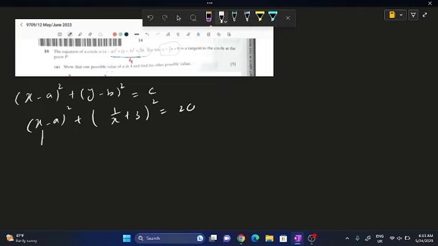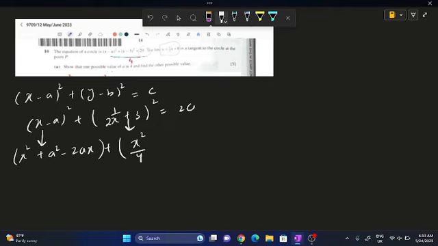Now (x minus a) whole squared can be opened by using the formula (a minus b) whole squared, and it can be written as x squared plus a squared minus 2ax. This other one can be opened again by using the formula (a plus b) whole squared, and it can be written as x squared by 4.